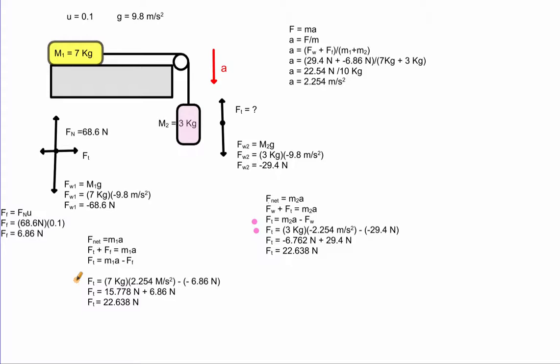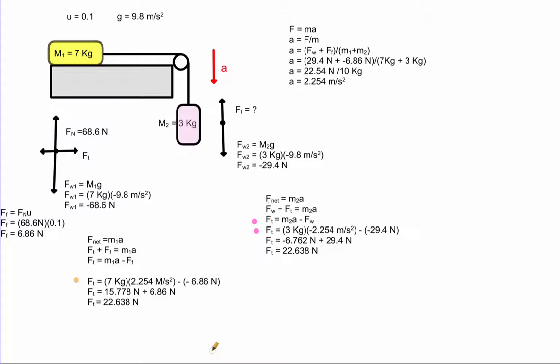Substituting in, again being very careful, using positive for the positive direction and negative numbers for the negative direction: 7 kilograms times 2.2 meters per second squared, the acceleration that this body is experiencing, minus the friction. The friction is negative because friction is in the opposite direction, to the left. And then it's just calculator work.